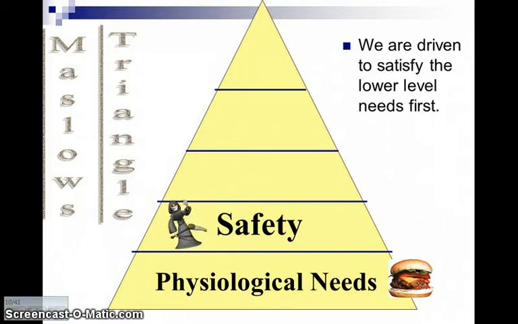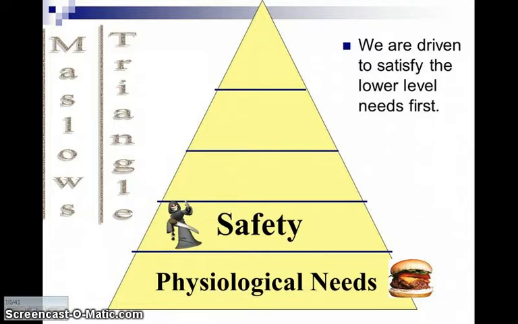Well, once they get to that point, then they can start thinking about safety. Maybe the place where they live is not the safest location, so maybe they look for a different place. Maybe they try and move to a safer location. But those are the kinds of things they look at once they get the physiological needs taken care of.